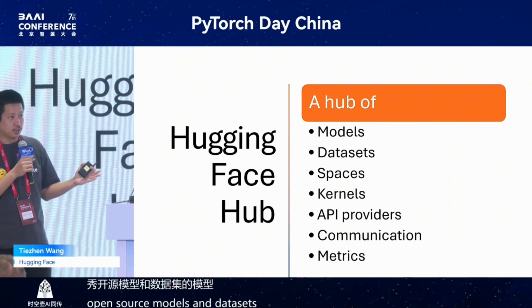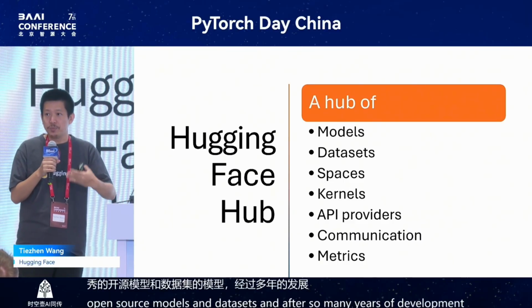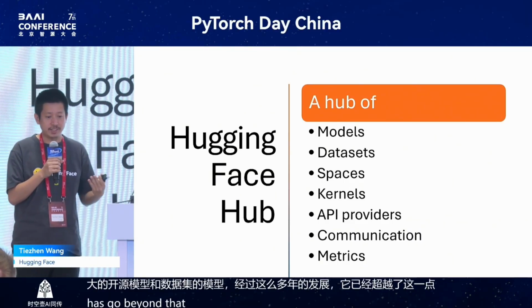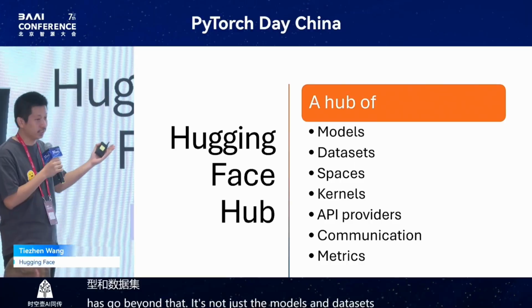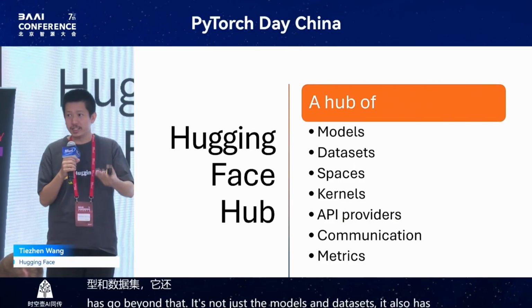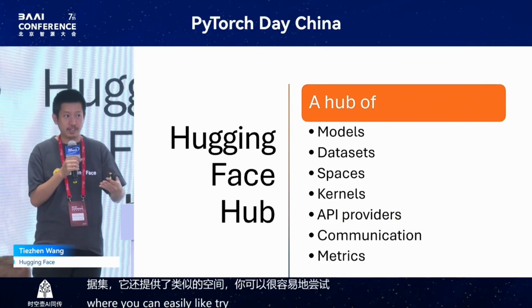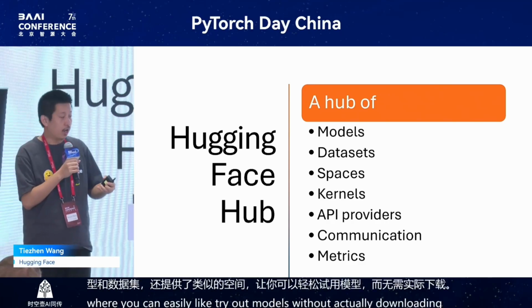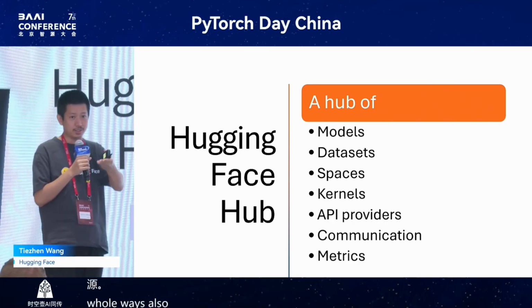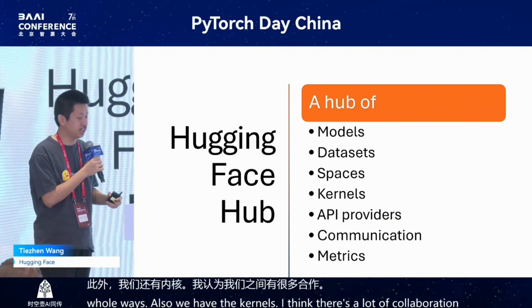And after so many years of development, it has gone beyond that. It's not just the models and datasets. It also has Spaces where you can easily try out models without actually downloading the whole weights. Also, we have the kernels. I think there's a lot of collaboration we could have with FlagGems.